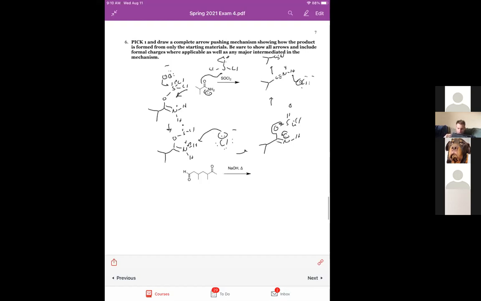All right, last one here. We've got a ketone and an aldehyde. The ketone is more acidic. We're going to pull off this proton.